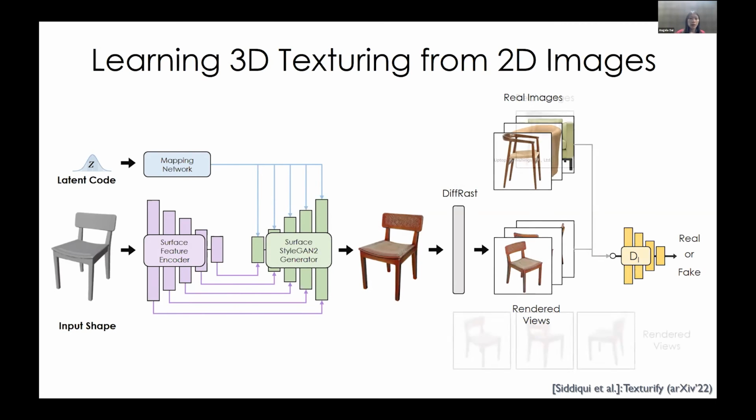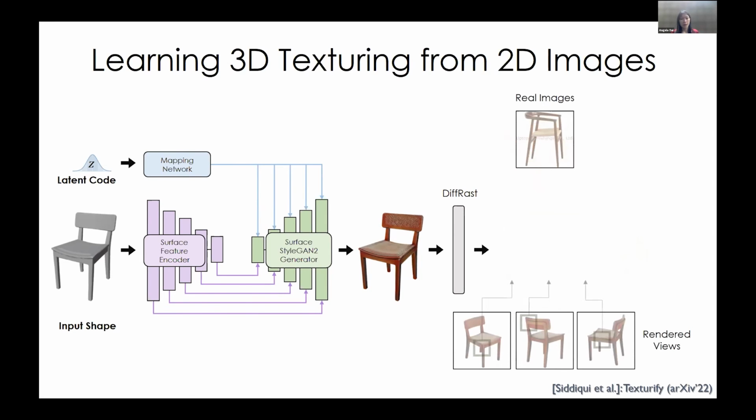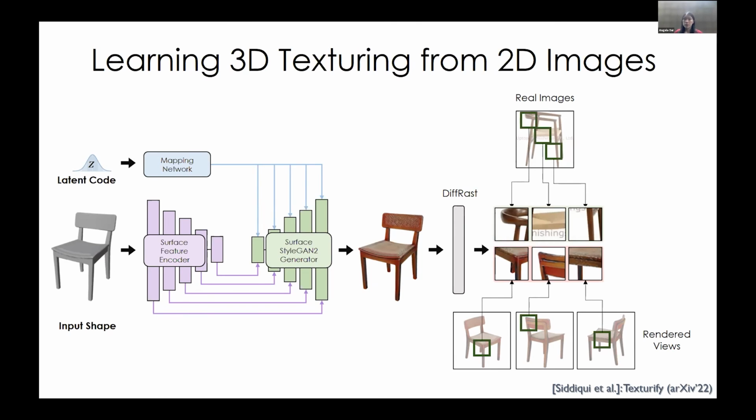In order to do this, we take the rendered views and we sample patches from multiple different views of the output textured shape that we generate. And then we take a bunch of patches from the real image, in this case just the one view, since we don't necessarily have any other views of that particular object. And we compare these as well in an adversarial formulation, whether they belong to the same object. And so this allows us to get a notion of global consistency across different views in our texture generation.